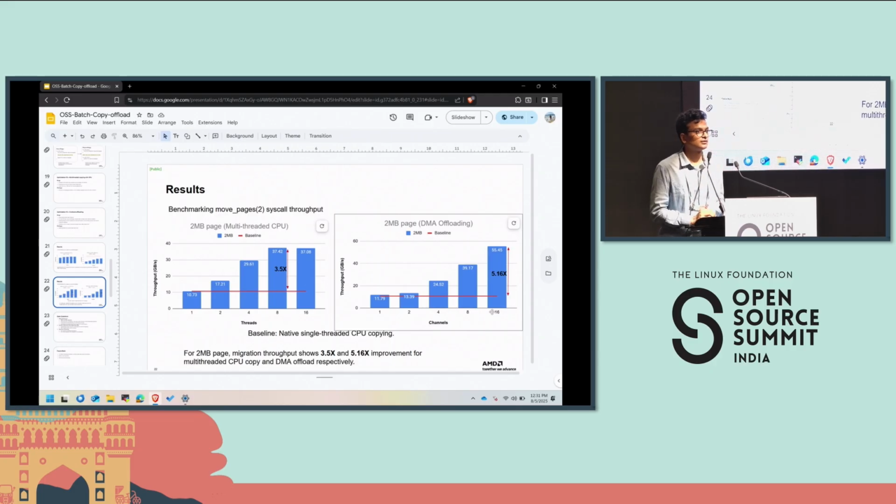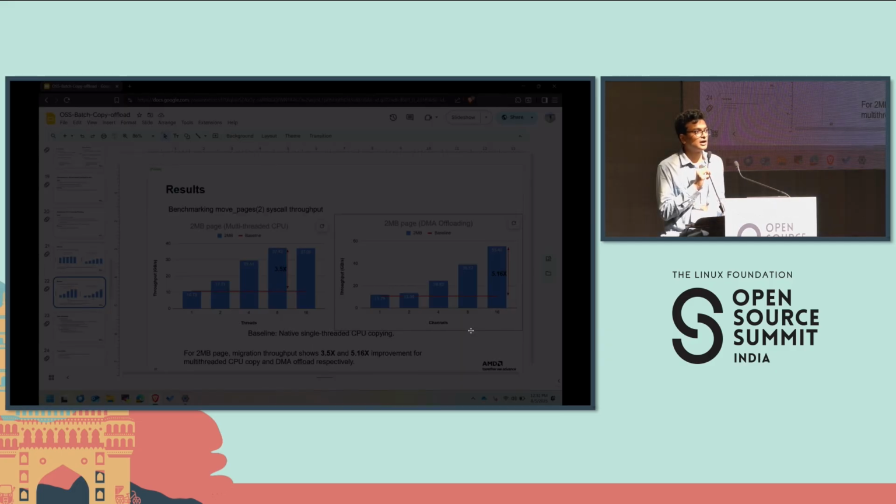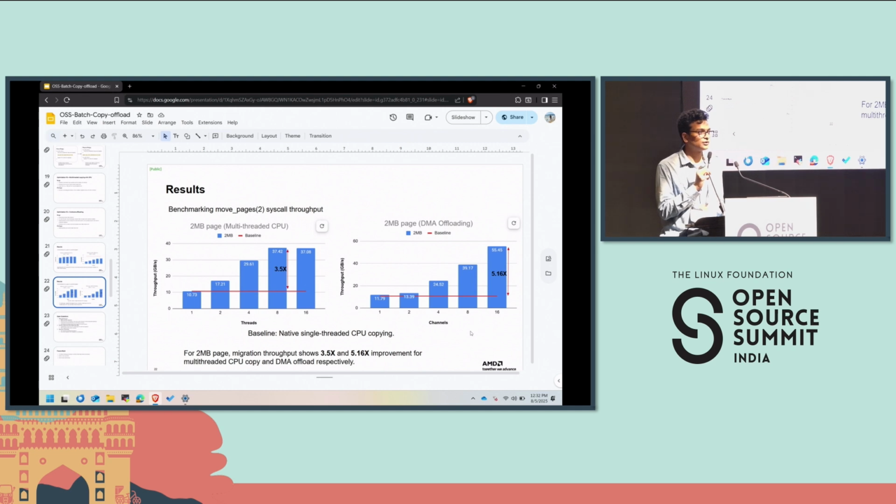And then you also need to do it only for pages of more than 1 megabyte, because if you do it for 4 KB pages, there is an overhead associated with DMA. Yeah, so we are targeting higher order pages, and many workloads benefit from higher order pages. That would be the primary use case for this DMA offloading. Thank you.